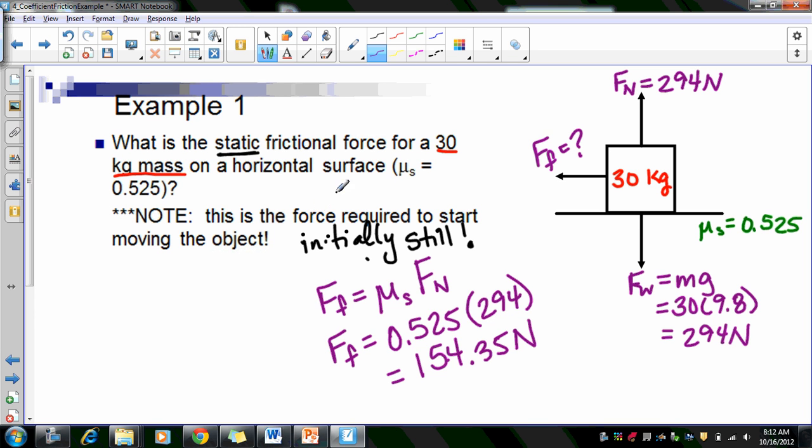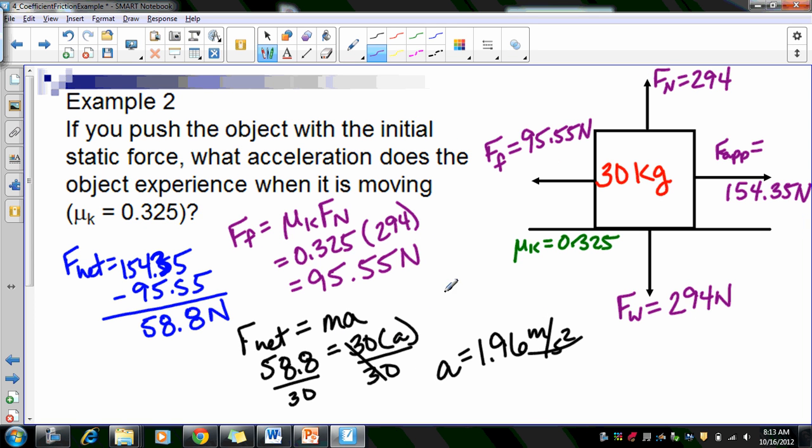That force is equal to the static frictional force, which is larger. It takes more force to get it moving than to keep it moving. So notice it went from 154.35 to 95.55. So lower kinetic than static.